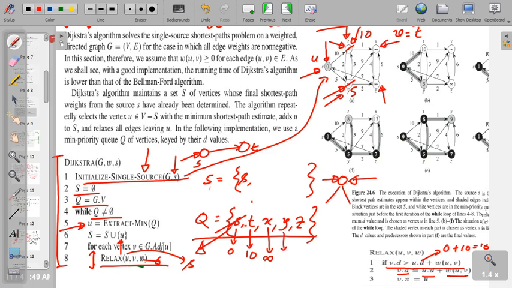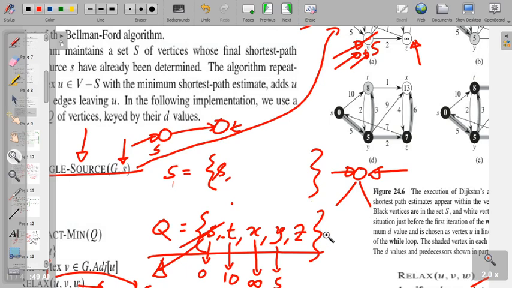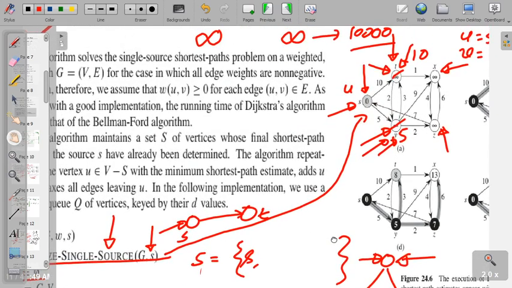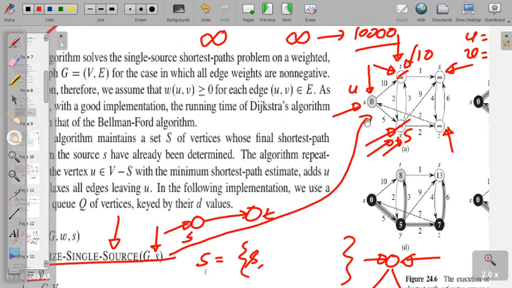And this is Y. Perhaps it is not visible, right? Now visible. This is Y. This is our X. This is our Z. This is our T.